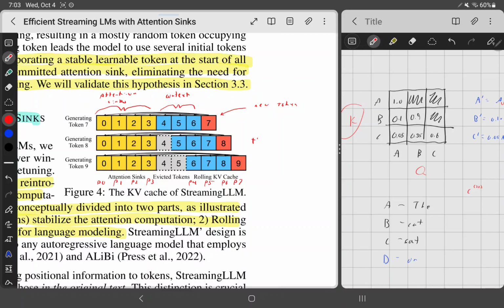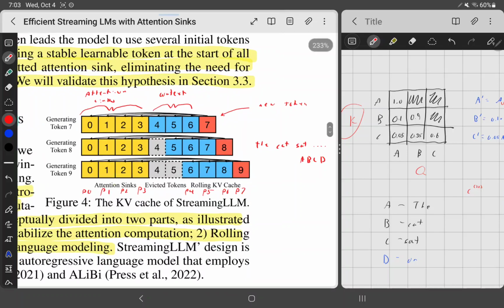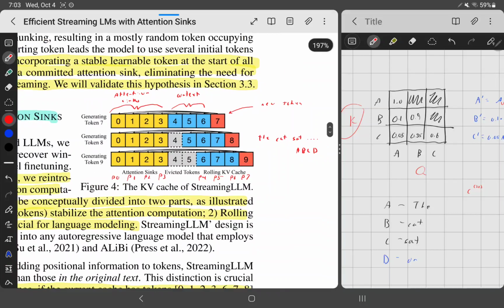So if we had the cat sat, and then you continue on, and then you have tokens A, B, C, D, then you would keep the first, in this case, it would just be 3 tokens. You would keep these tokens, and then you would do your sliding window after that. And you can see the sliding window does not retain token 4 or token 5, you just remove those. And yeah, that's kind of all they do.